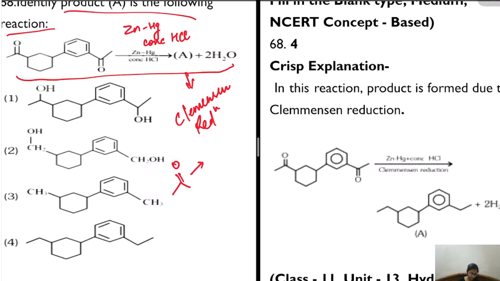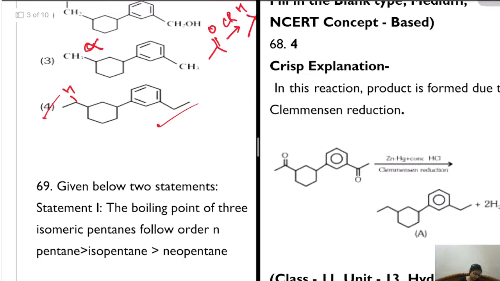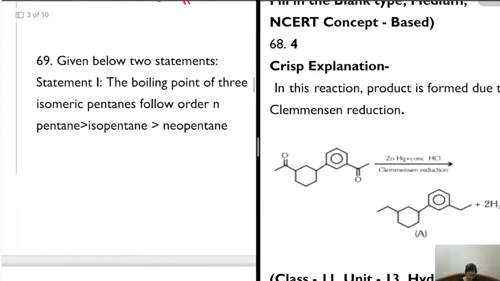This becomes this, right? So, which is the correct answer? You see, it's OH, no. OH again, no. Here, they just vanished the carbon chain, no. Yes, this is the correct answer. Why? Because here we have HH. This is correct. Let's see the next question.